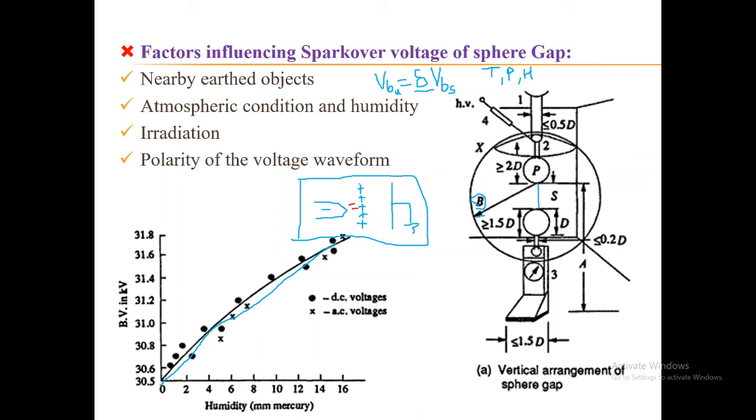As they have created a shield, they prevent the electrons from moving from the negative electrode to the plate electrode. Here you can see that the electrons are stuck because of this positive space charge barrier. As a result, the ionization in this region is not so effective, so ultimately the breakdown condition is not satisfied.